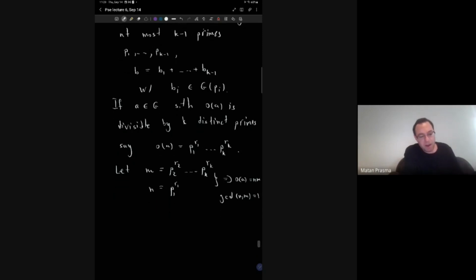Now, there is a result from elementary number theory that says that if you have two integers who are coprime, like N and M here, there exist U and V in Z, I mean, they could be negative, such that MU plus NV is equal to 1.